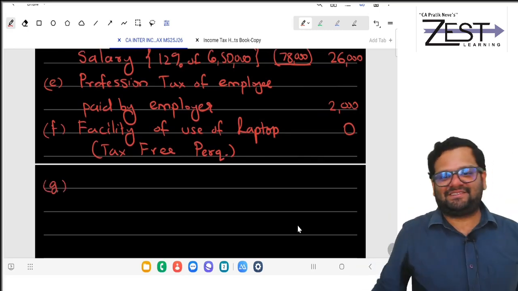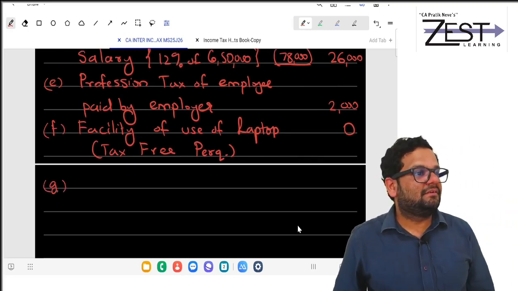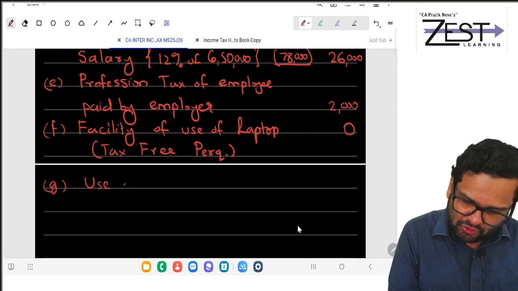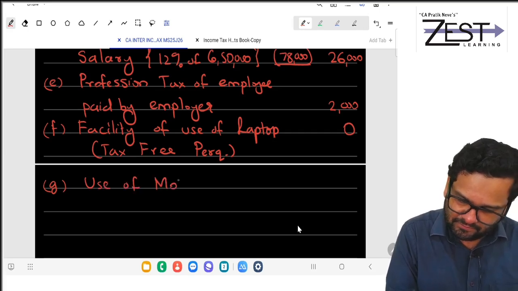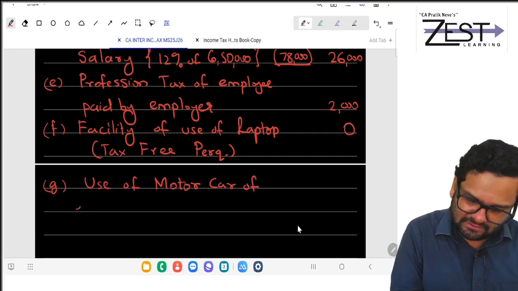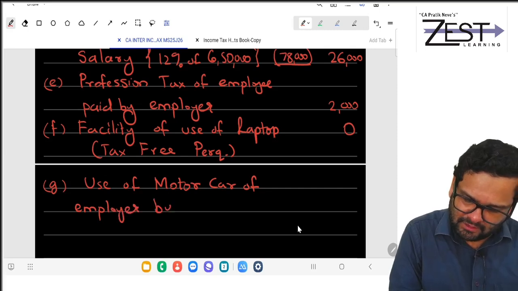Next, what is next? Motor car. Yes, use of motor car of employer by employee.